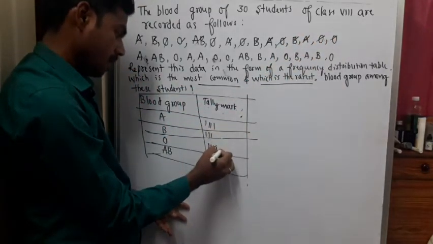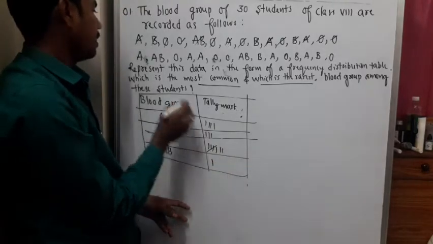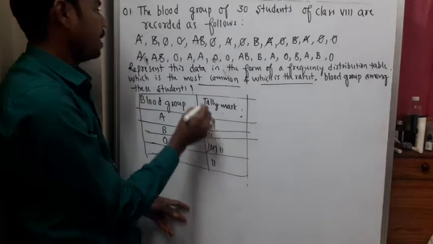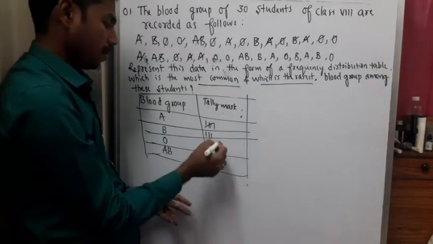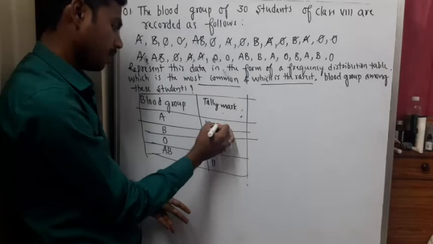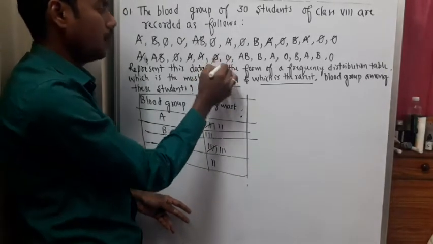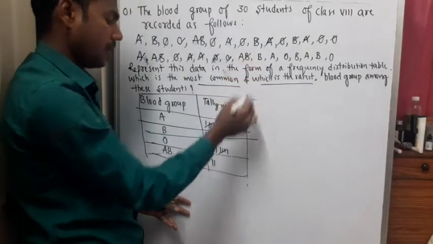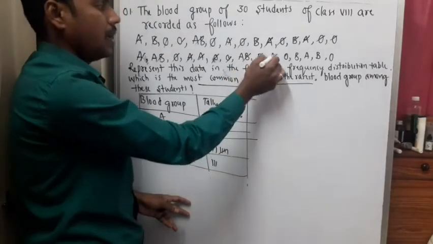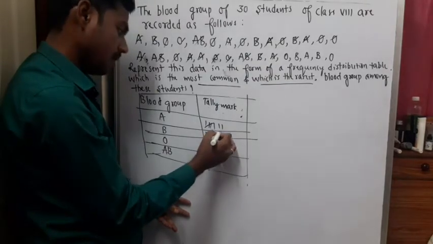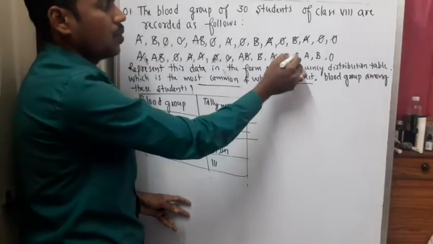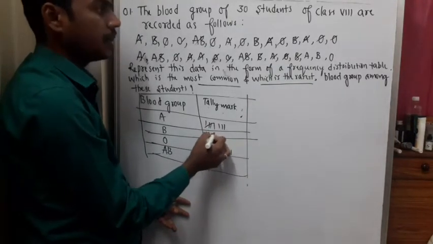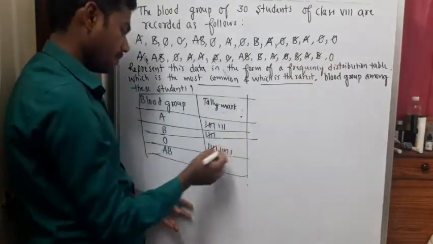A, O, O. Okay. Then AB, then O, A, A, A, then O, then AB, BA, then OB, ABO.